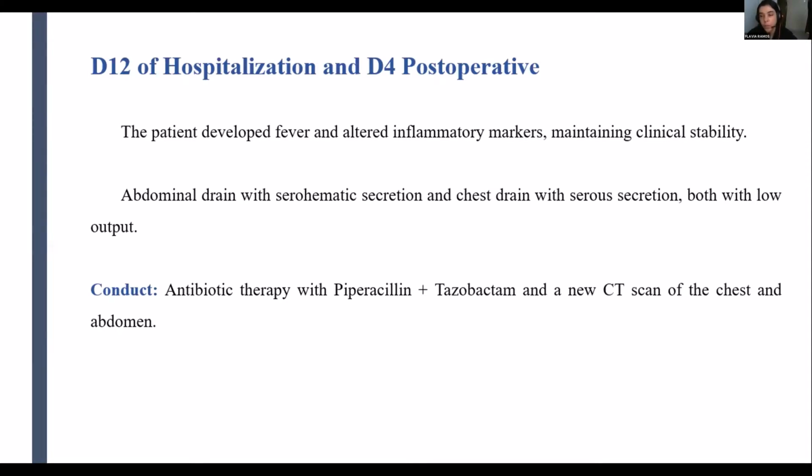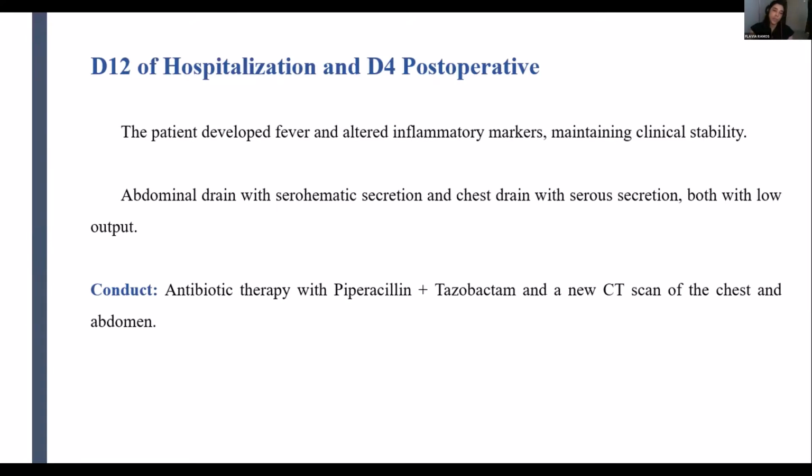On the 12th day of hospitalization, the patient developed fever and altered inflammatory markers, but he was still stable. The abdominal drain had a fluid hepatic secretion, and the chest tube had a very bright, orange-like secretion, both with low output.